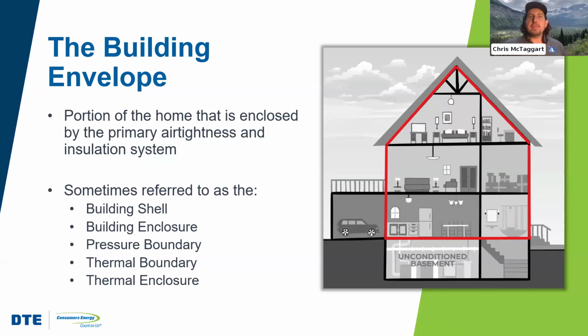It is the boundary of our home that is conditioned by heating and cooling systems to keep people comfortable within their homes. It is a six-sided box: there's a floor, a roof, and four walls of some sort. That's what defines the building enclosure, the building envelope. For a complete building you need airtight layers; you cannot have one without the other.